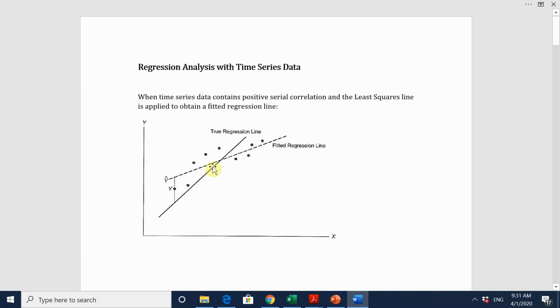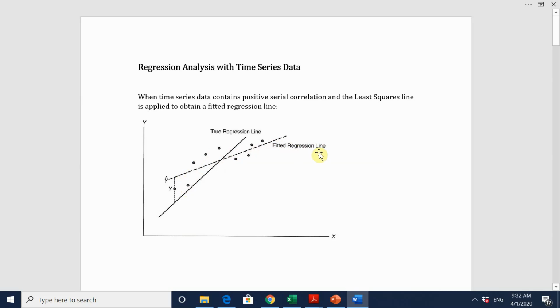And so we get a line that seems to cross fairly well so as to have about an equal distribution of points falling below the line and points falling above the line, right? That's what the fitted regression line does.